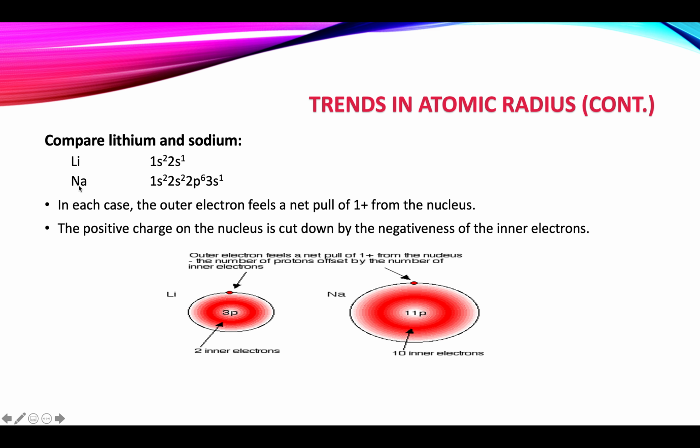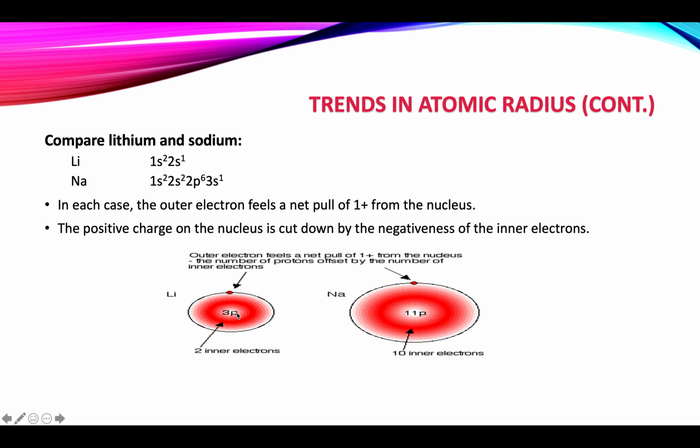That is, the effective nuclear charge becomes less dominant in the case of sodium. So we can say that due to the increase in the number of shells, the size of sodium is greater as compared to lithium.